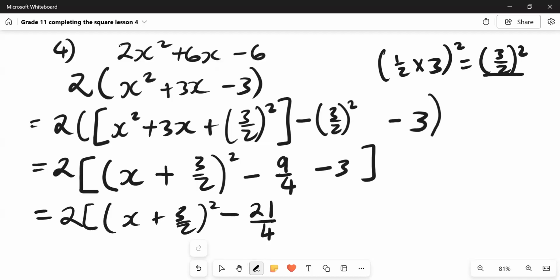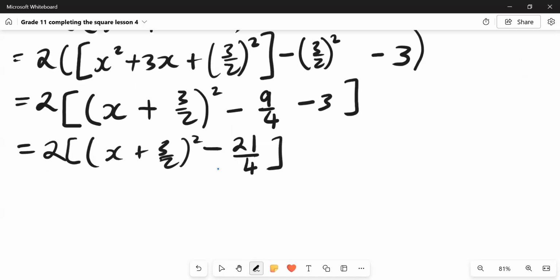And then the last step here, you just distribute 2. So you distribute 2. If you listen to me, you'll understand this thing, you'll master it.